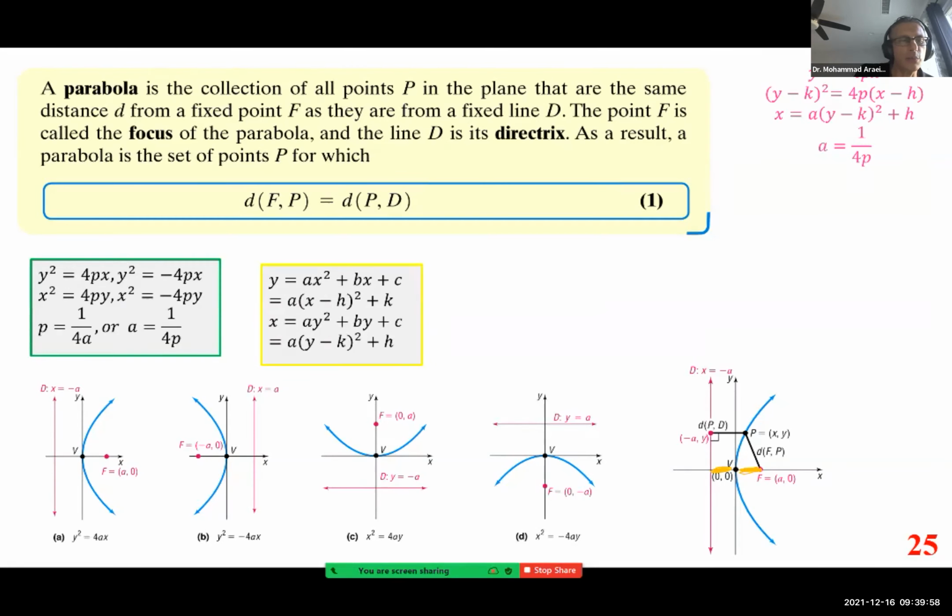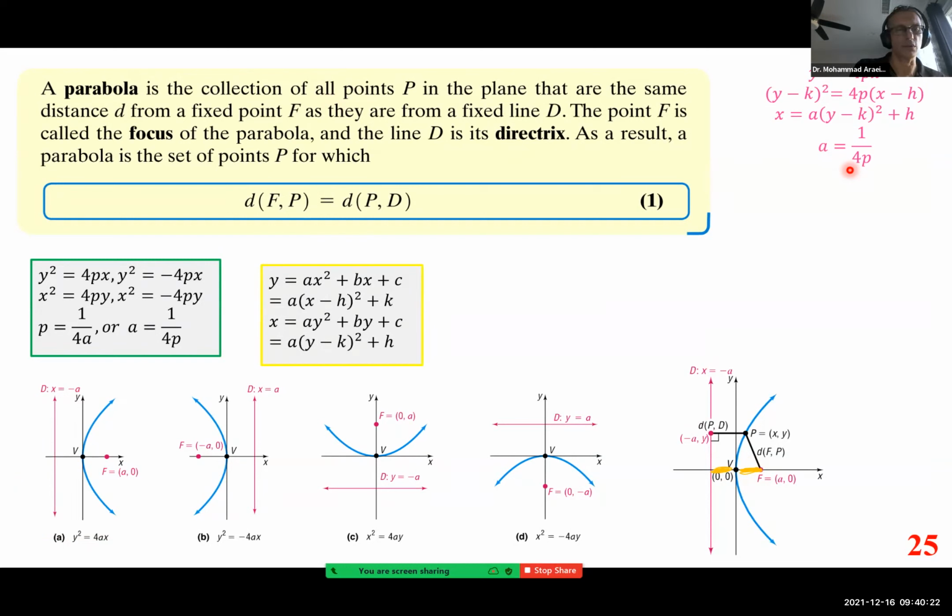Which is, by the way, the same as this distance. And I hope you realize why they must be the same, because of this definition. If the point you pick is here, then the distance from here to the focal point and to the directrix must be identical. These two distances are the same, and they are called P. So A equals 1 over 4P, or P equals 1 over 4A.